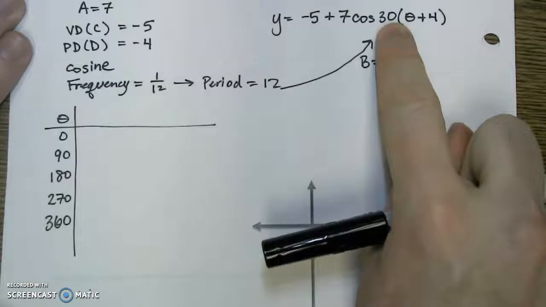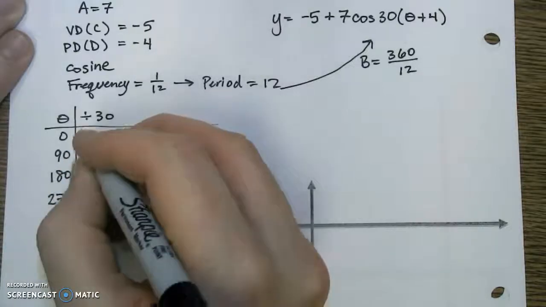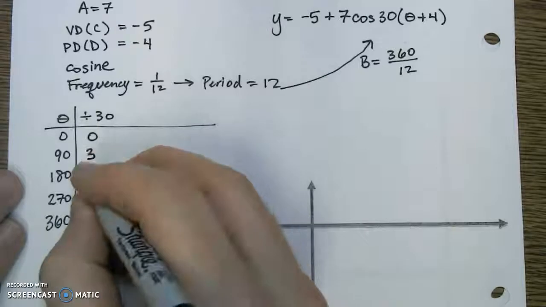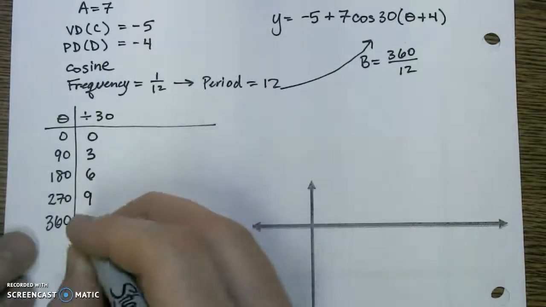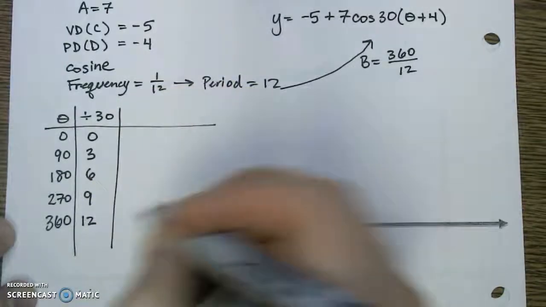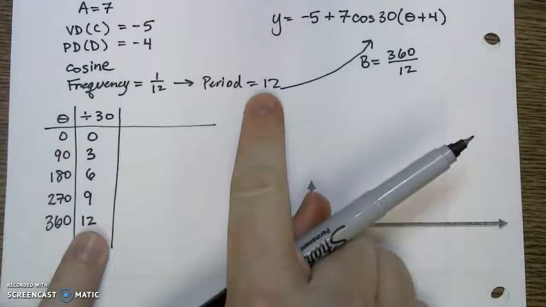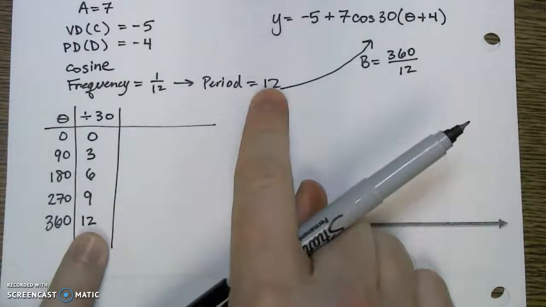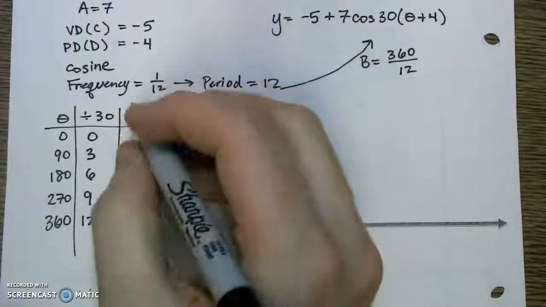This says multiply by 30, so we're going to have to divide by 30. So we've got 0 to 12, which makes sense because our period was 12, so we're starting at 0 and ending at 12. Then you're going to take your 4, and we're going to subtract everything by 4.